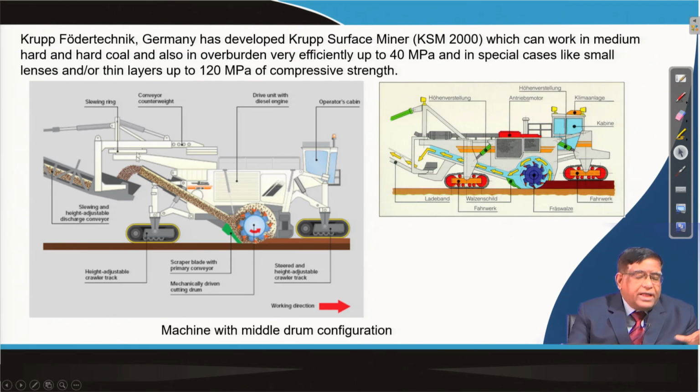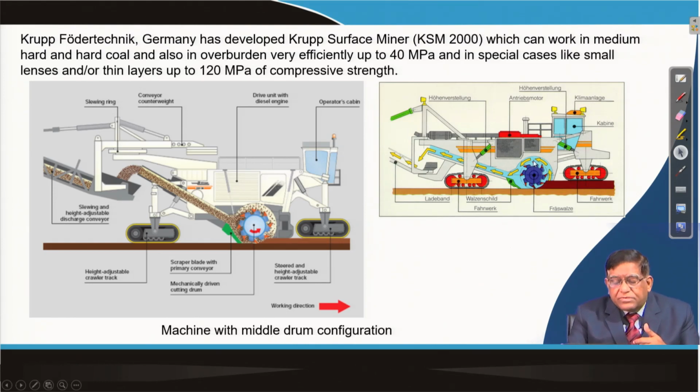And then there is a mechanism for how this slewing mechanism will be organized, and while it is cutting, there will be a lot of force, so that this machine does not get unstable. That is why a certain counterweight will also be provided. So, that is basically the constructional features of a continuous surface miner.